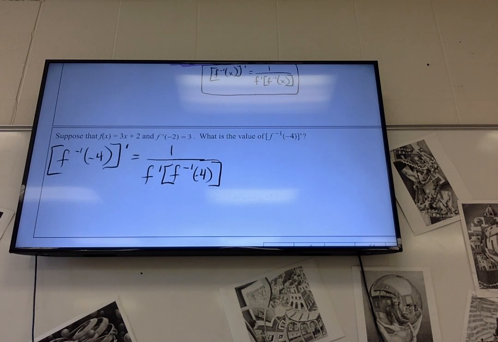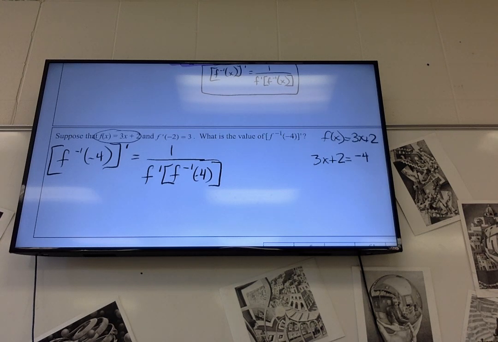So we know the equation for F of X. F of X is equal to 3x plus 2. And we want to know the inverse. So if I take 3x plus 2 and set it equal to negative 4, I'll be able to flip-flop my x and my y and get the inverse.